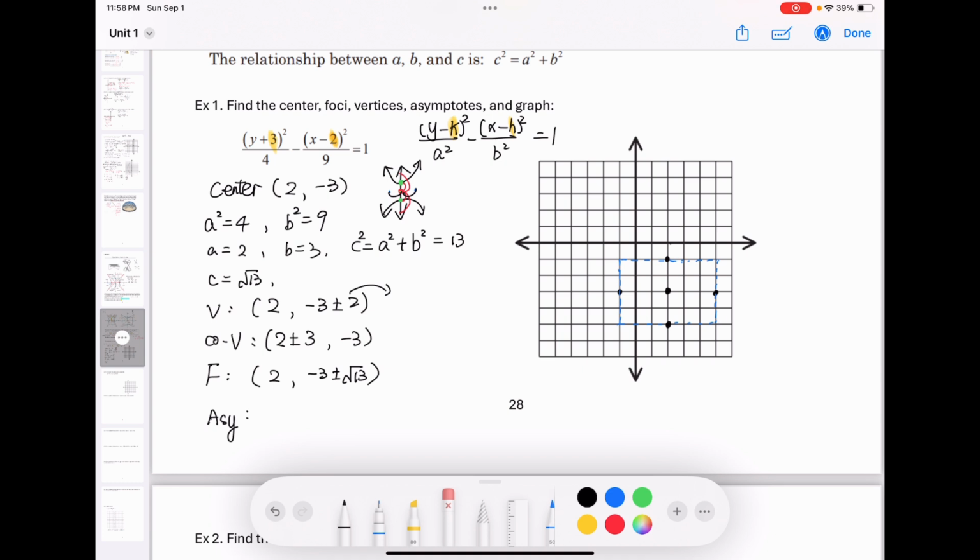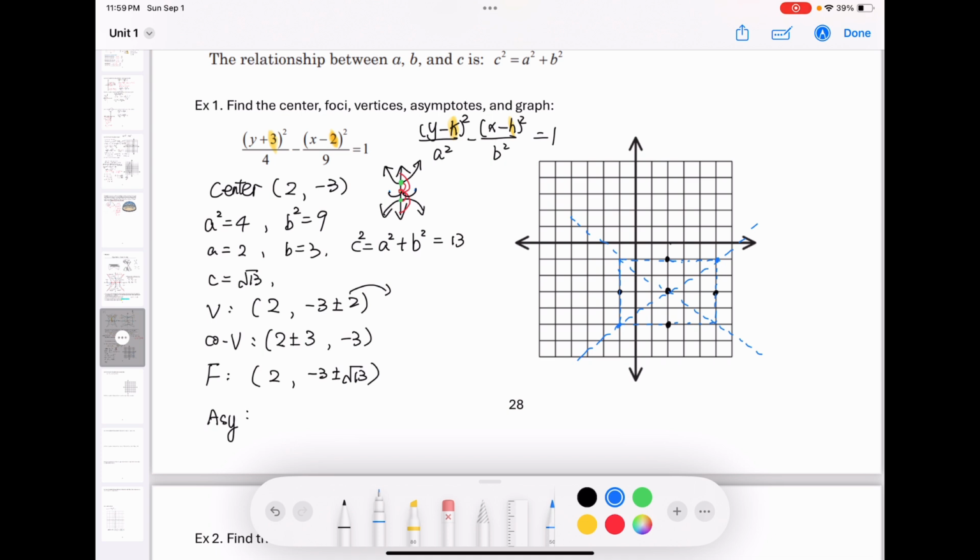So if we connect the vertices of my box and the center, these are the 2 asymptotes.